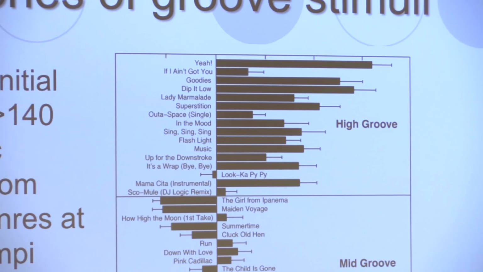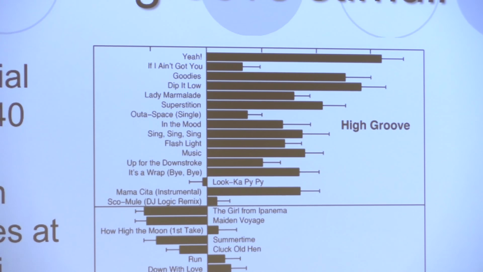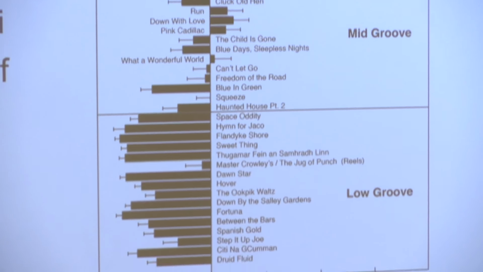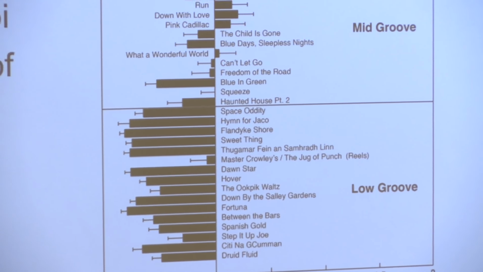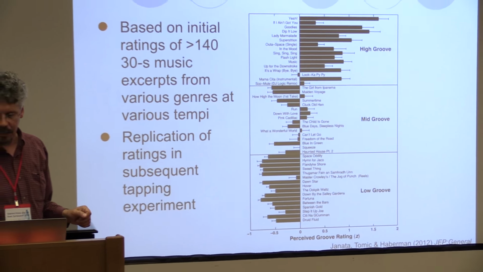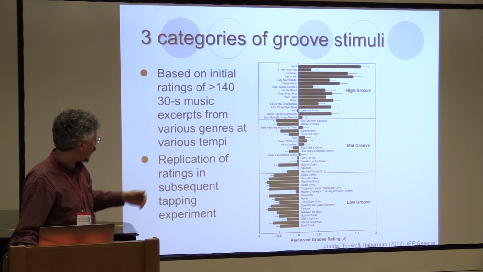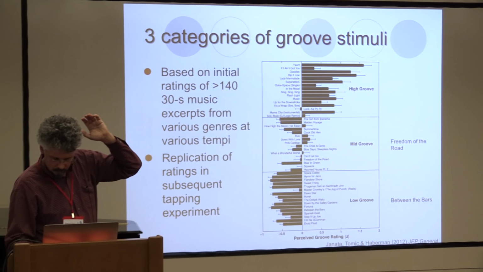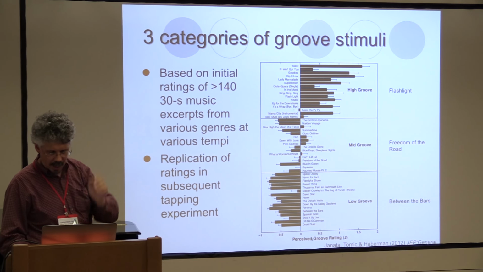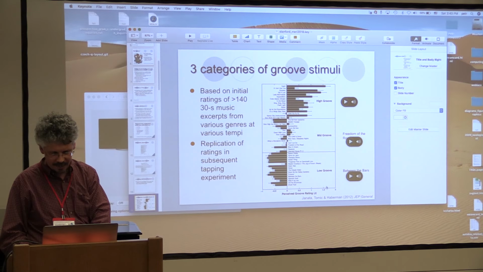So here what we see is a replication of the ratings in high groove, mid groove, and low groove categories for a library of 45 excerpts that we ultimately used. So just quickly, let's look at those.